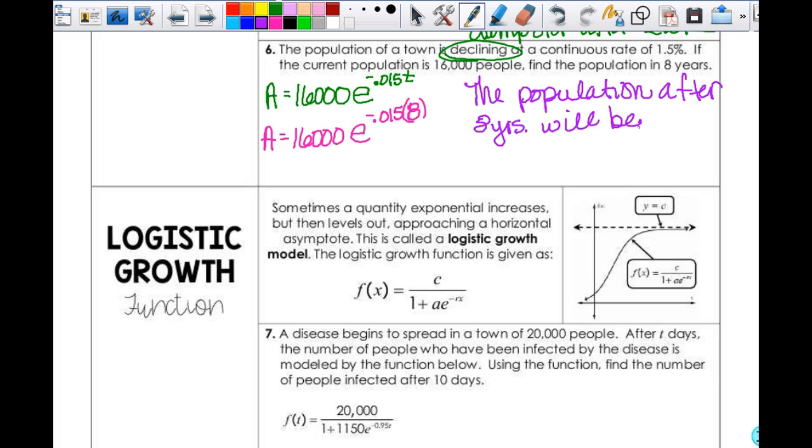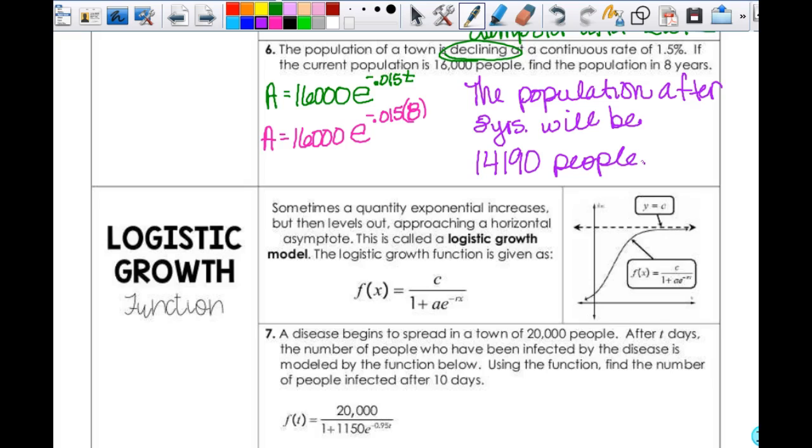Ernest. Okay. What, 190 what? 190. So 14,190 people, right?